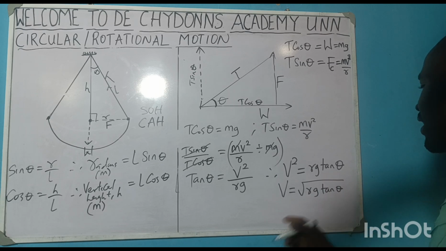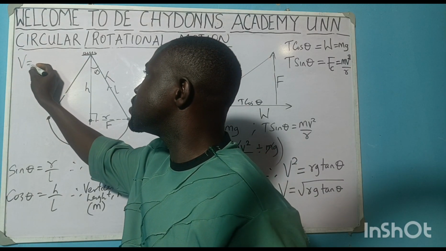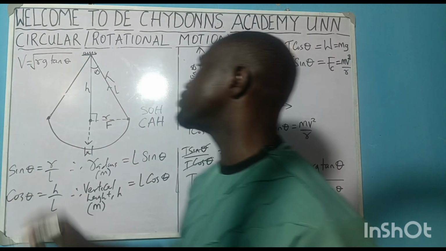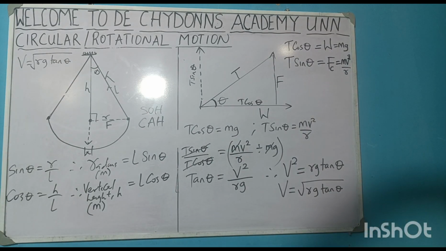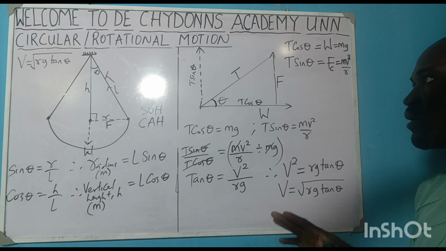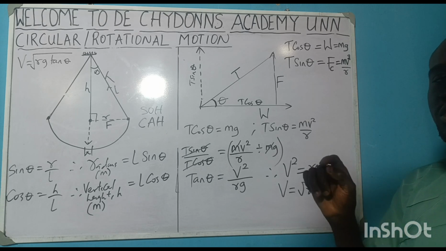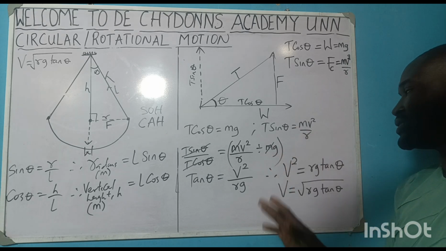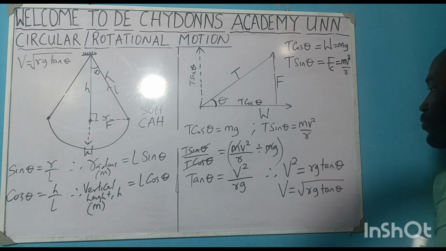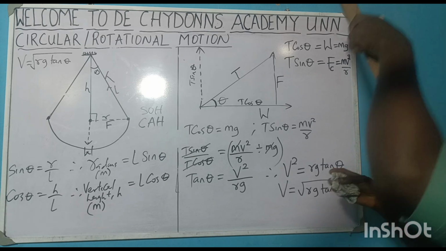So you should not forget that v is equal to the square root of rg tan theta. Very important. Don't forget that. Okay, we move further. Since we have gotten the velocity, let's get the angular velocity of a body that undergoes circular motion.